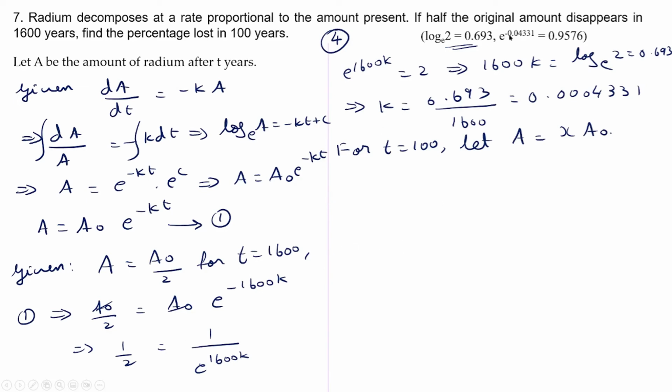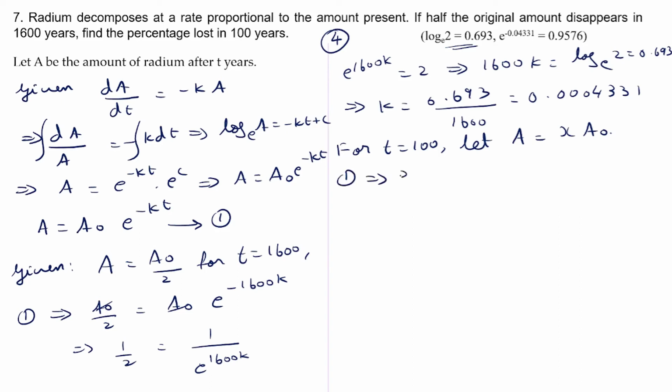Here when we see half the amount disappears, we take A equal to A naught by 2. Here we are assuming that x part of A naught is lost. So we are taking A equal to x into A naught.